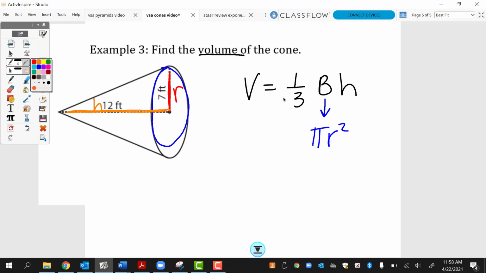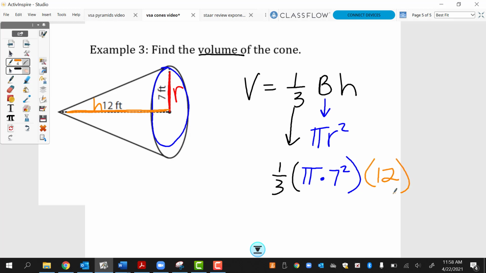So the 1/3 is just 1/3. And then I'm doing parentheses because I'm doing big B. And I'm using pi r squared for big B. So pi times, my radius was 7 squared, times my height, which is 12. So I type all of this.